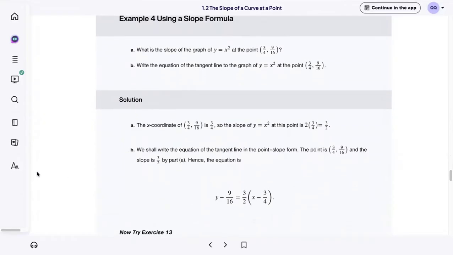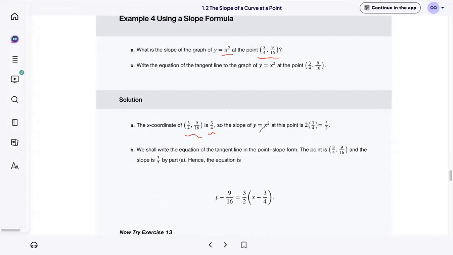So let's see this question. What's the slope of the graph at this point? So given this point, we want to find the slope at this point. So what do we do? This one has the coordinate where the x value is 3/4, right?